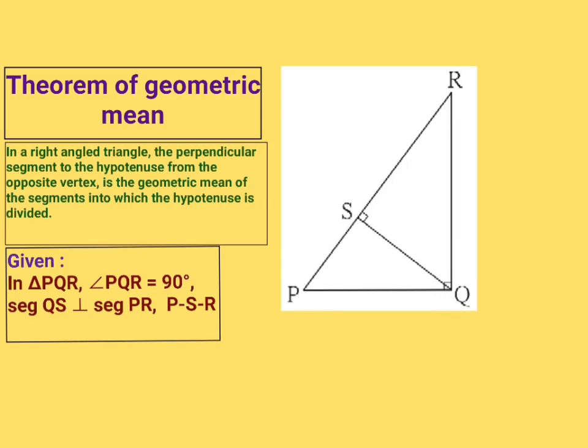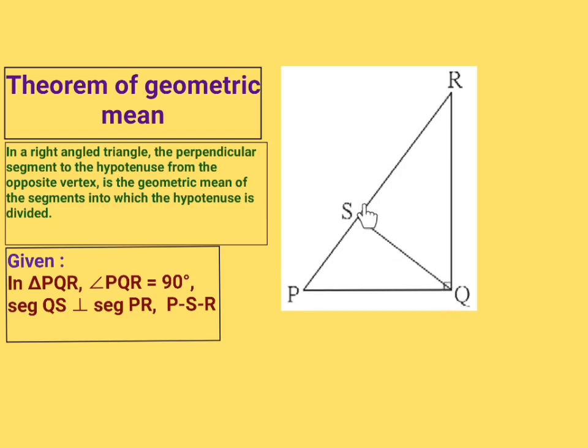Now here we have to prove the perpendicular segment is the geometric mean of the segments into which the hypotenuse is divided. The perpendicular segment QS is the geometric mean of the two segments into which the hypotenuse is divided.